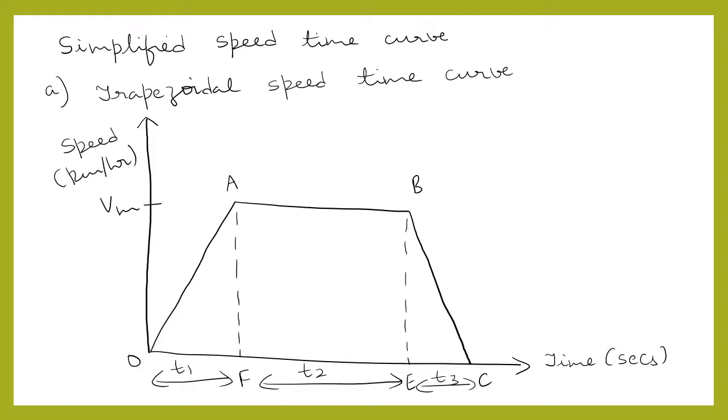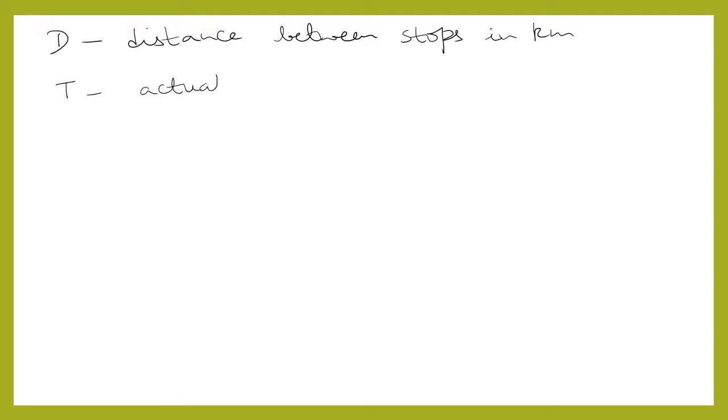Let us see the terms used in the speed time curve. Let d be the distance between stops in kilometer, which is actually the distance travelled by the train in kilometer, and t is the actual time of run in seconds.